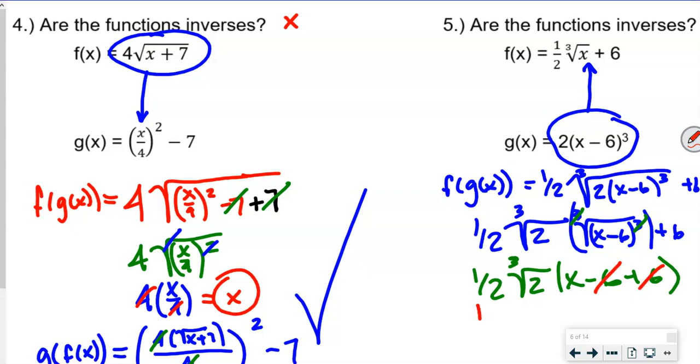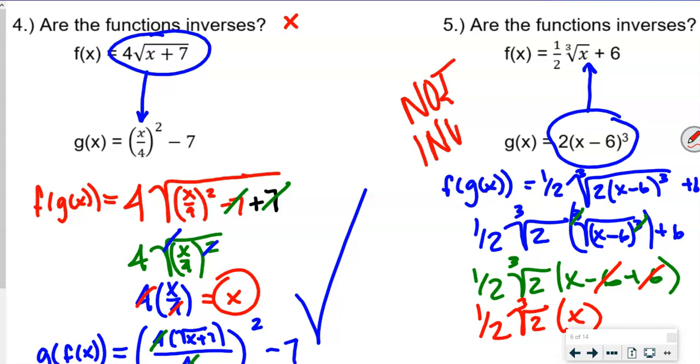So we still got our 1/2 and then the cube root of 2 and then our x. So do we have only an x? No. Okay. So these are not inverses. Okay. I don't know what happened there, but that kind of messed up, y'all. So these are not inverses. That's all you really need to know. And the way we know that is because we got something in addition to the x.